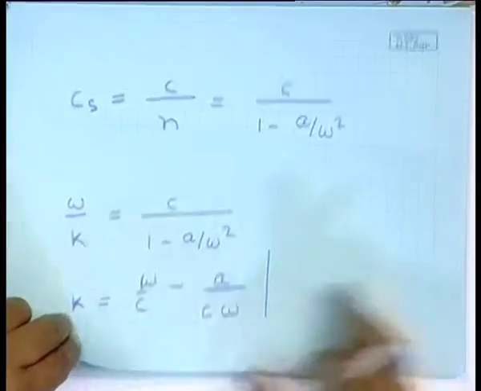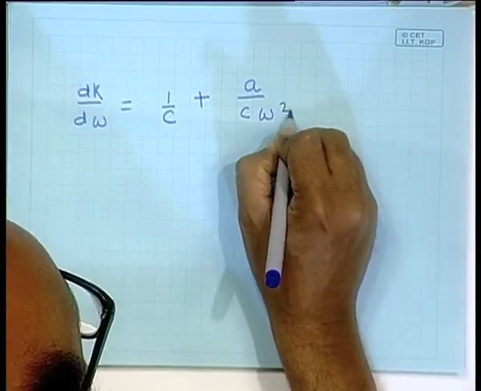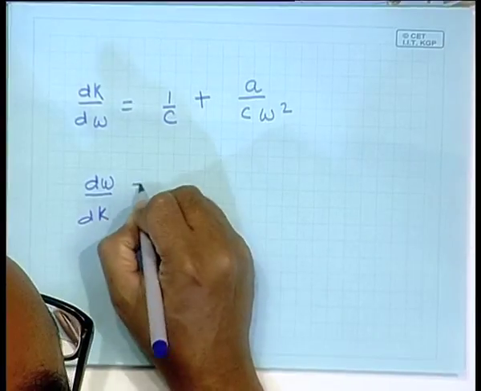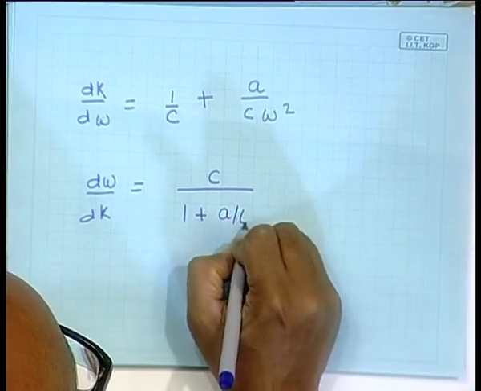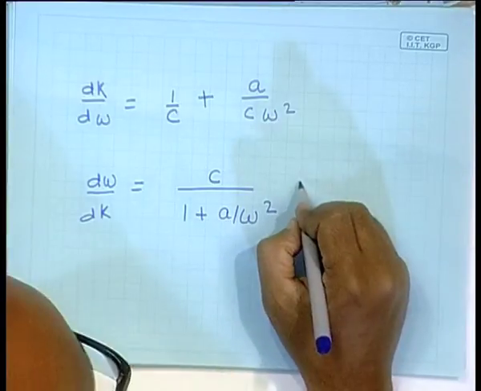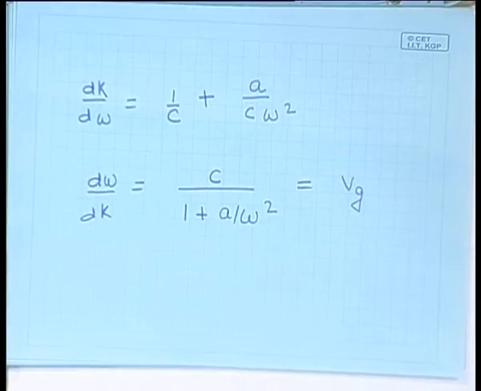Now, if I differentiate this with respect to omega, I will get plus 1 by omega square, which gives us d omega by dk is equal to c divided by 1 plus a by omega square. Okay, so the group velocity we see is less than the speed of light in vacuum.